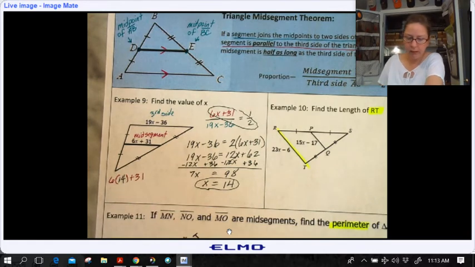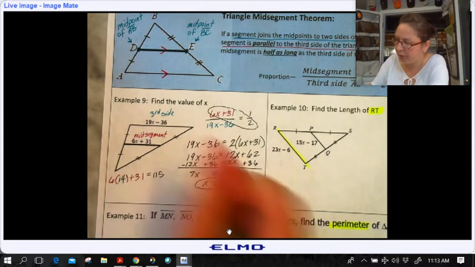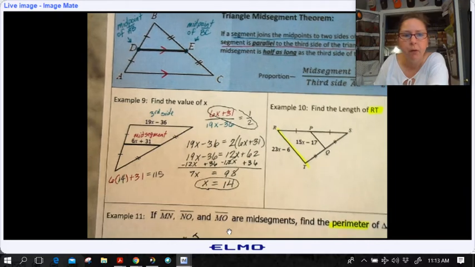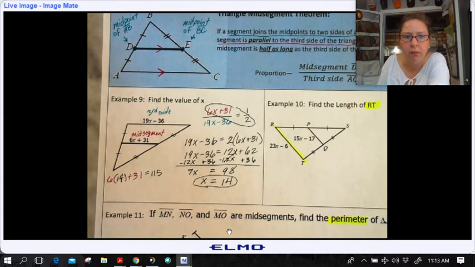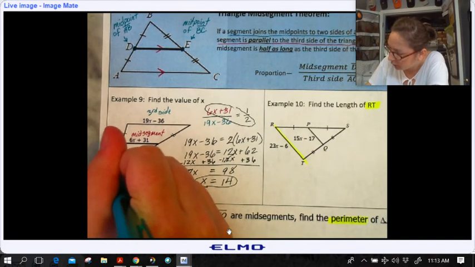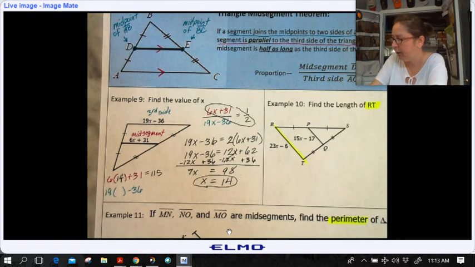So 6 times 14 plus 31 is 115. I just typed it in my calculator. Okay. What about the third side? That is 19 times 14 minus 36.